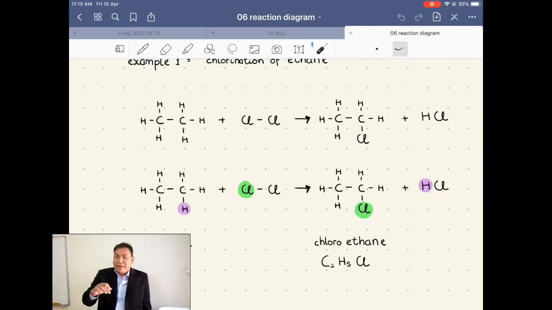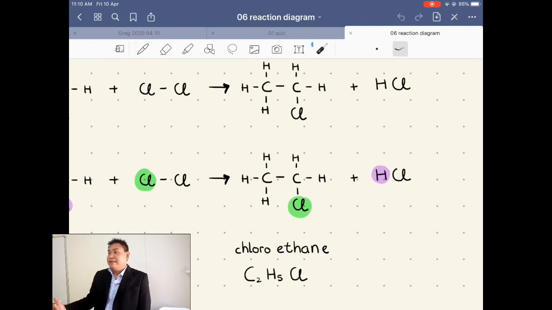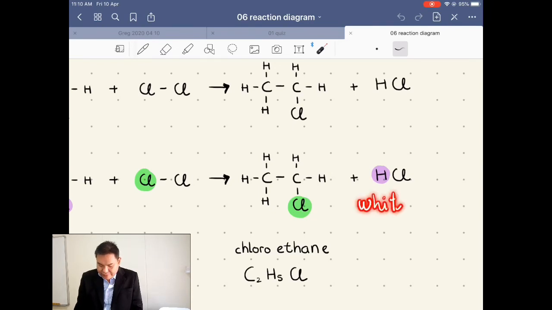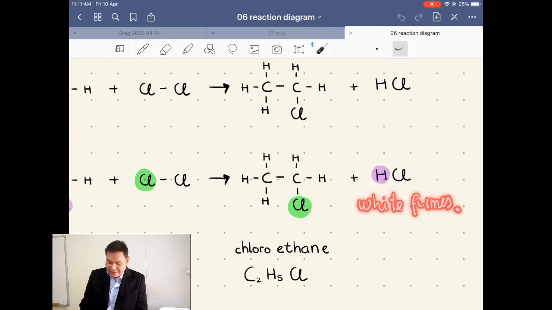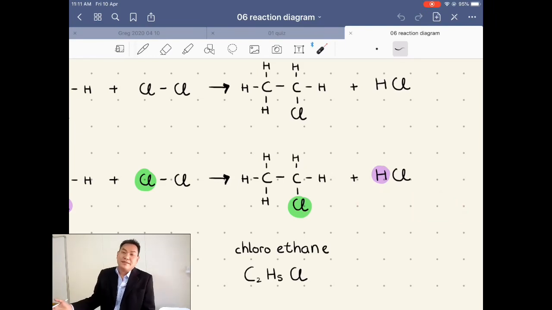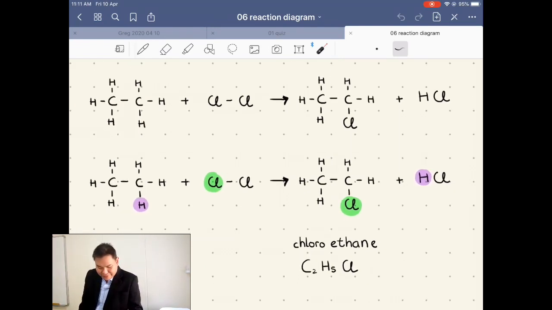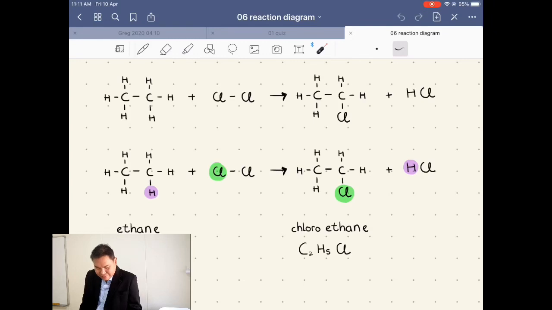If you do an organic reaction and you produce HCl, the observation that you will see is white fumes. The white fumes are dangerous. Don't inhale, right? You better use protective goggles because HCl is very, very acidic. So be careful when you do this reaction.